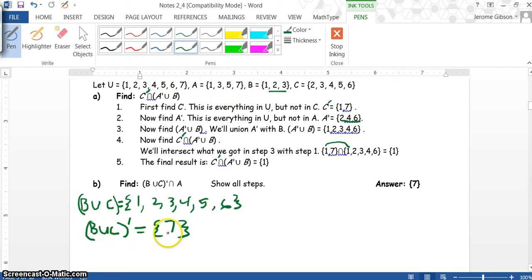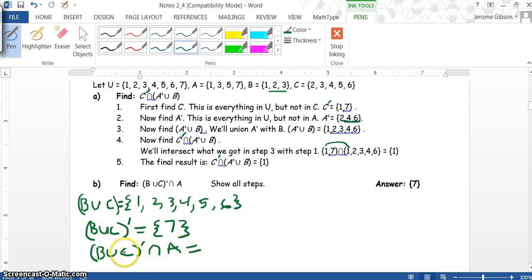So our next step, we would take B union C complement, intersect A, and we will have it equal.